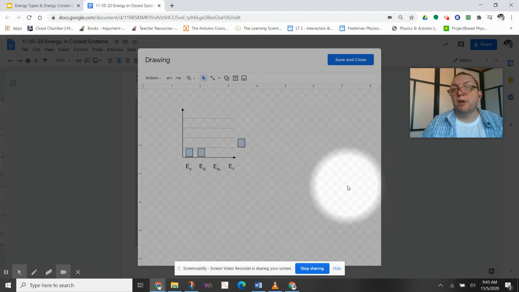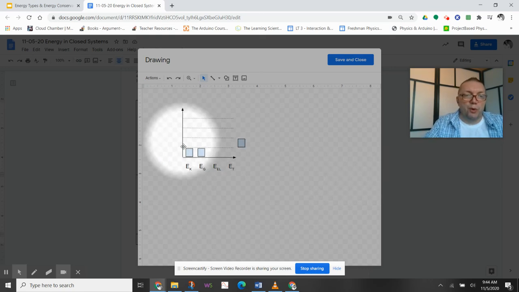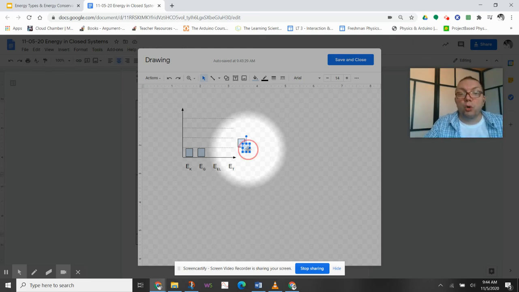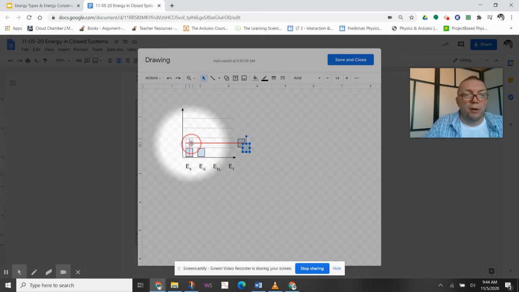If we had numbers for the mass of the cart, the height of the cart, and the velocity of the cart, then we could simply calculate those values and know exactly what we have here. But for what we're doing right here, I'm accounting. I'm trying to make sure I have the right types of things. The thing I need to make sure of is that the total at the end equals the total at the beginning. The total at the beginning was 4, so the total at the end must be 4.